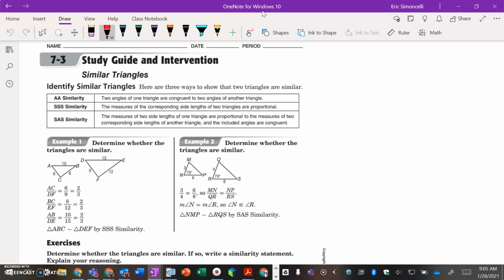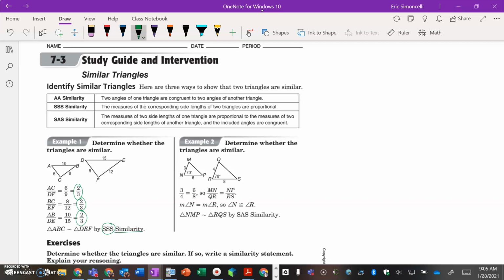Is AB, 10, to DE, 15, as 2 is to 3? In other words, is 10 to 15 equal to 2 to 3? It is, and because that's the same ratio on every comparison of corresponding sides, we know that these are similar. And yes, the statement would be side-side-side similarity.